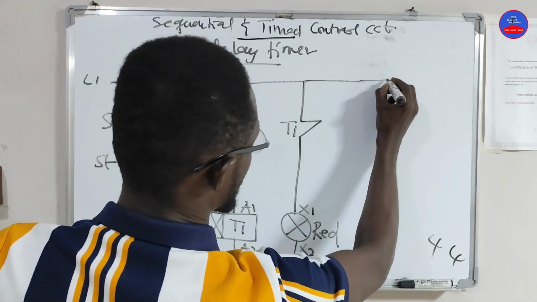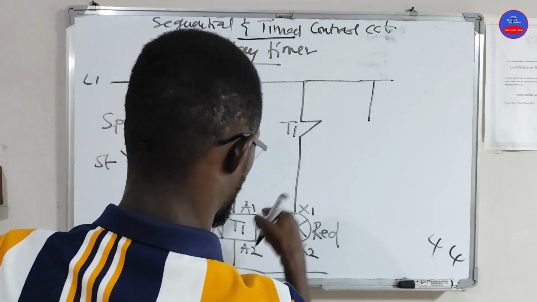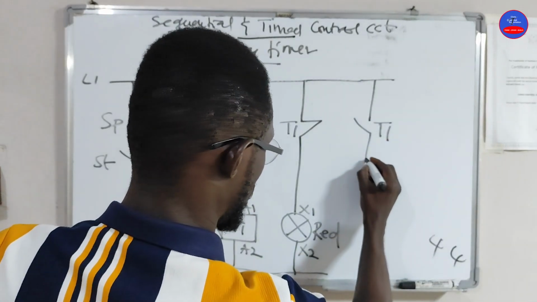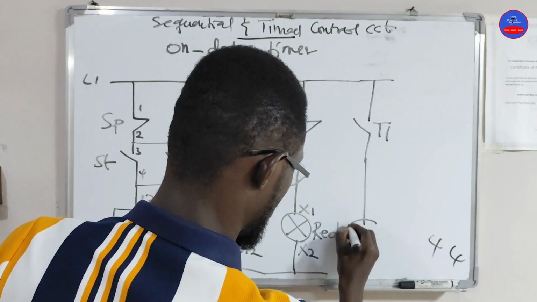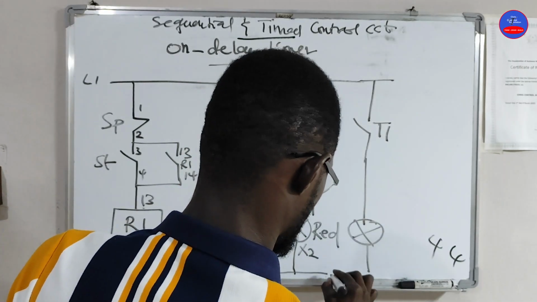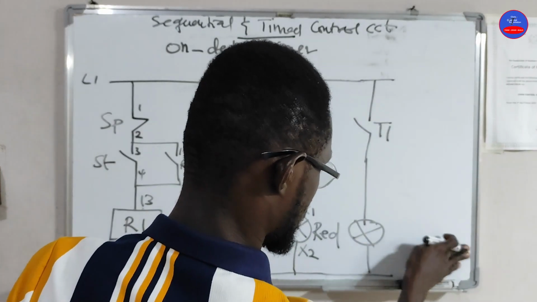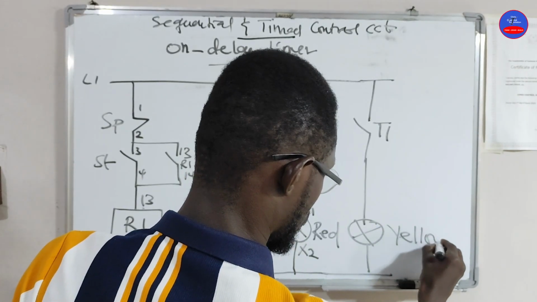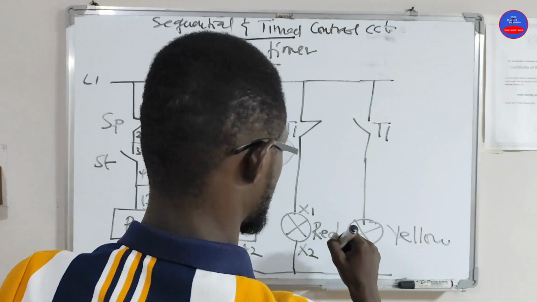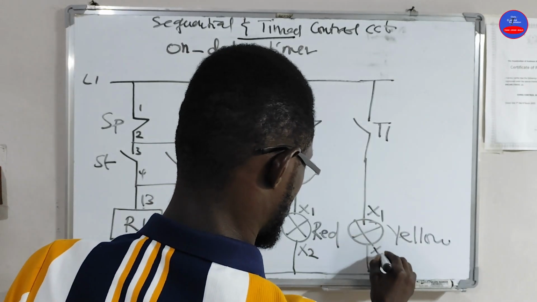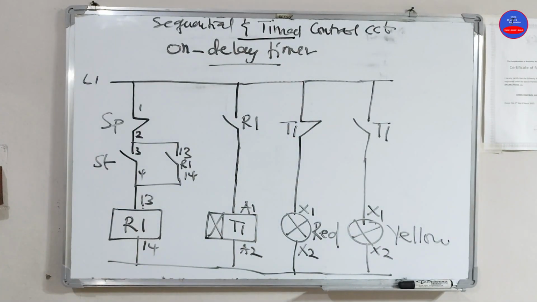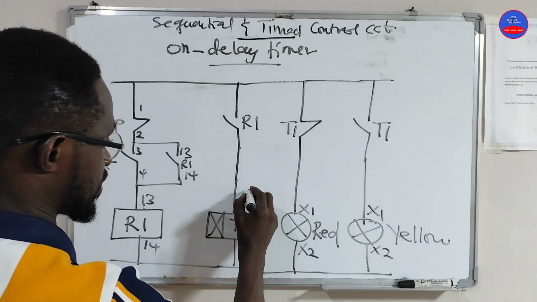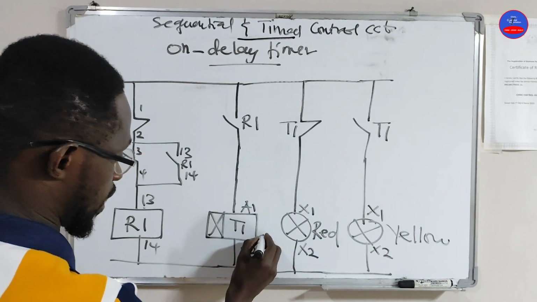Then we connect an open contact on this timer, that is T1, also in series with another lamp. Let's make it yellow, and then X1, X2. So there it is. And we have given 5 seconds to this timer.